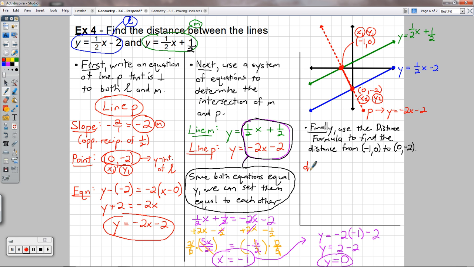So we're saying the distance from there to there, the length of that segment, is going to be the difference in the x values squared. So it's x2 minus x1, we've got 0 minus negative 1 squared, plus the difference in the y values squared, negative 2 minus 0 squared.